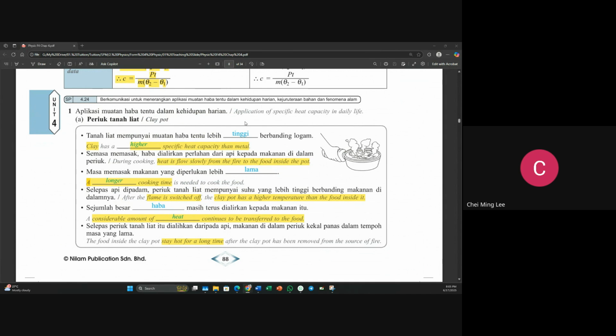So let's see the application of specific heat capacity in daily life. For example, clay pot. Clay has a higher specific heat capacity compared to metal. So during cooking, the heat flows slowly from the fire to the food inside the pot because you need more time to heat up the pot first.